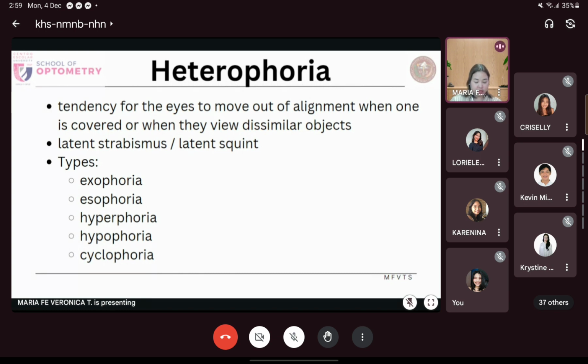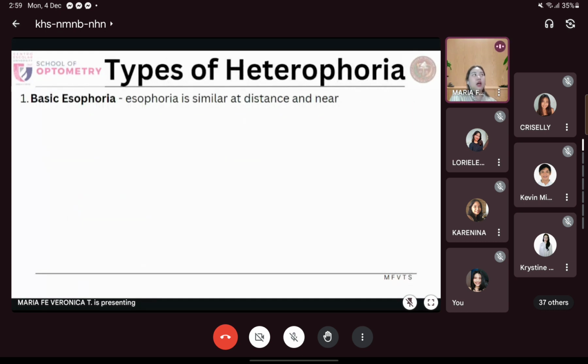May idea ba sa cyclophoria? So usually it's not diagonal per se, pero it's the rotation from the anterior to the posterior position. More or less parang oblique movement, yes. Then, very common yung esophoria, exophoria.